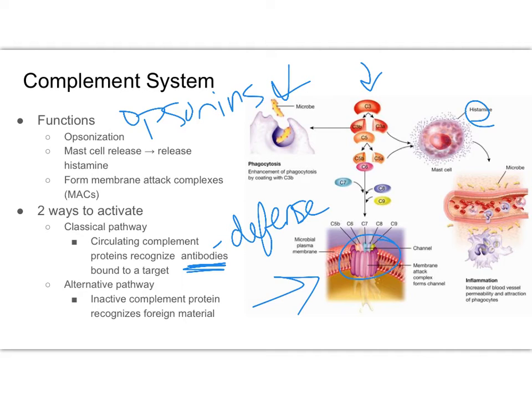So these complement proteins see your body already fighting something, and they jump in to help. The alternative pathway is when we have these inactive complement proteins, and on their own, they recognize foreign material, and that kicks them on and activates them. So either they see your system already fighting something, and that turns them on, or they find the foreign material on their own.